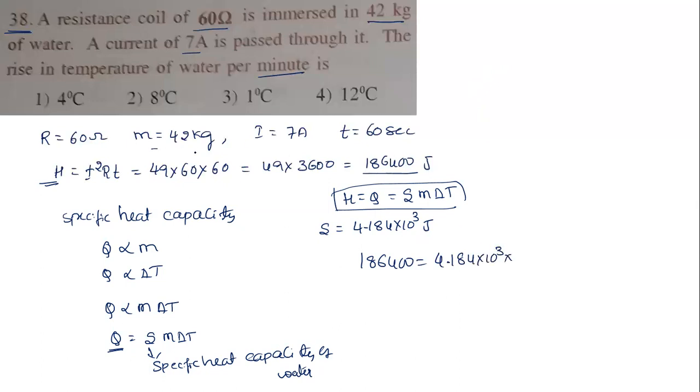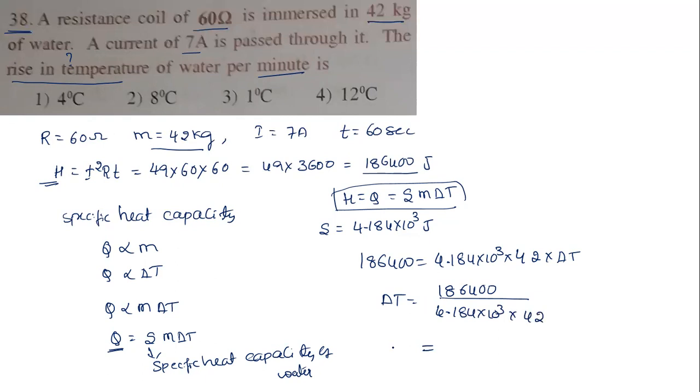How much mass is given? 42 kg, into delta T as it is, because we need to find the rise in temperature. So delta T equals 186400 divided by 4.184 into 10 power 3 into 42.